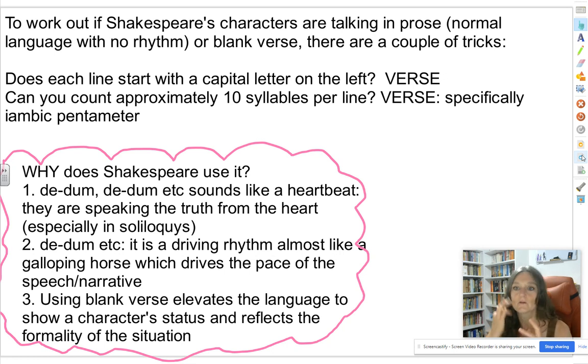So in Macbeth, we know that the witches talk a little bit in a trochaic tetrameter, so that really differentiates their very unnatural rhythms from the very natural rhythms of the iambic. However, most of the people in Macbeth, apart from those witches, are high status characters, and the high status characters are talking to each other in formal situations. So most of Macbeth is in blank verse.